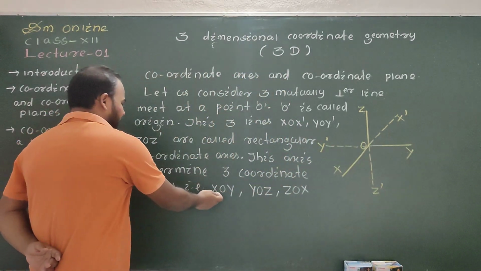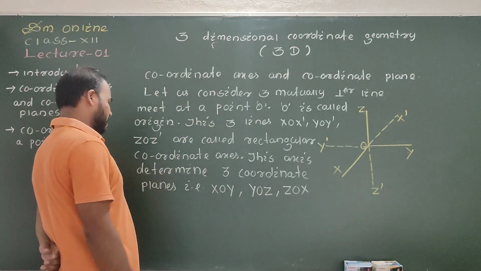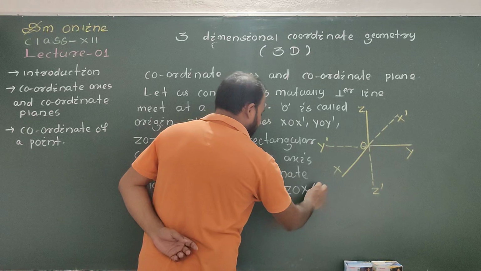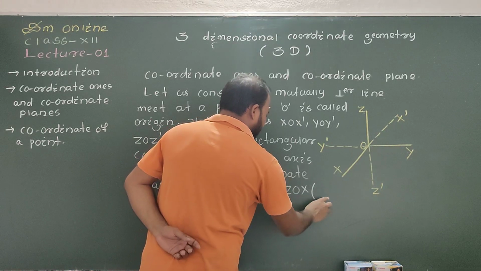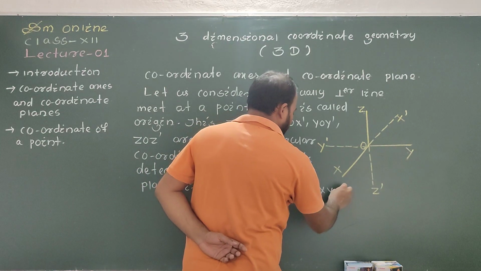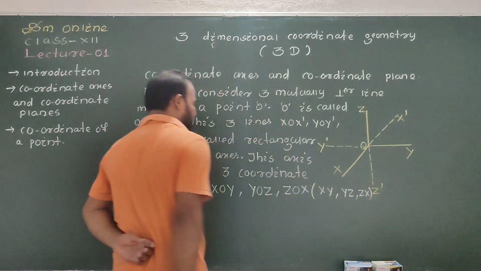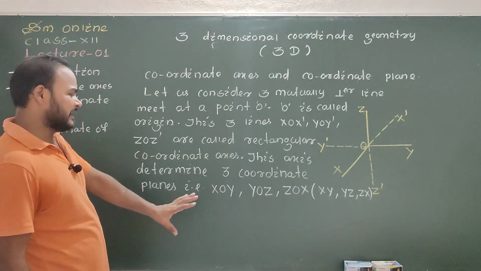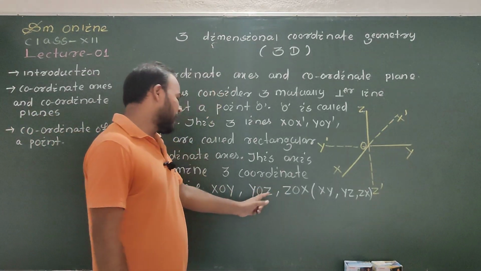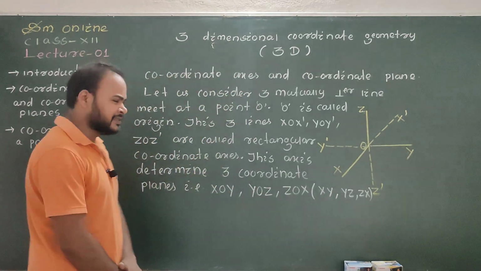We call them the xy plane, yz plane and zx plane. Okay, x o y that is xy, y o z this is yz and z o x this is zx.